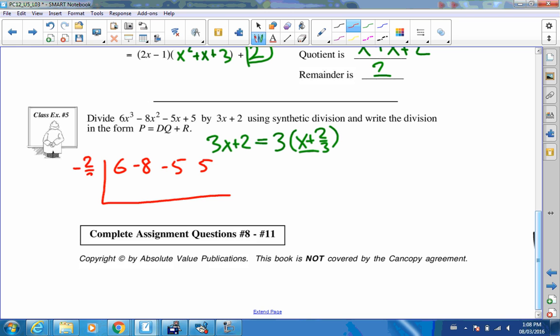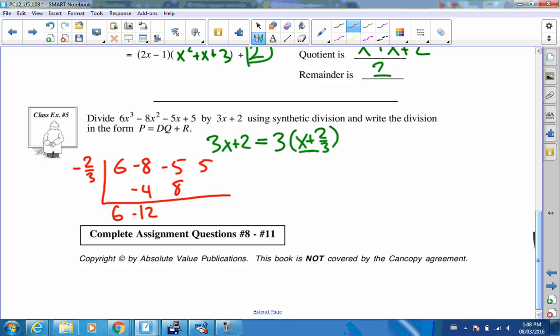Negative 2/3 goes here. 6 drops down. Negative 2/3 times 6 is going to be negative 4. Negative 12. Negative 12 times negative 2/3 is going to be positive 8, if I've done that mental math correctly. Again, that's a really big if, but I think it works out.